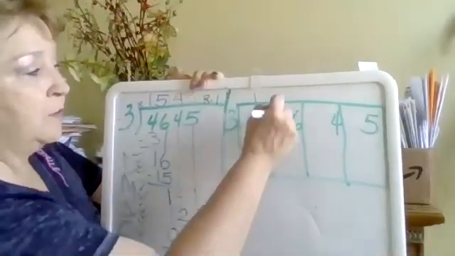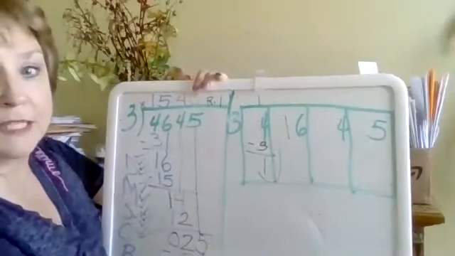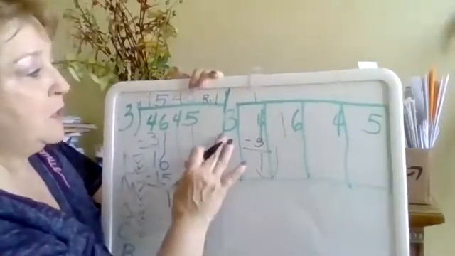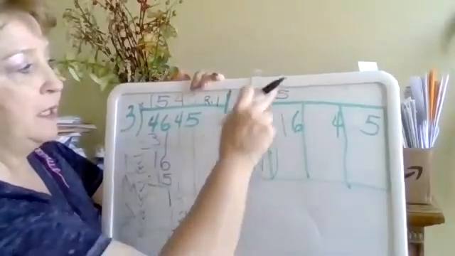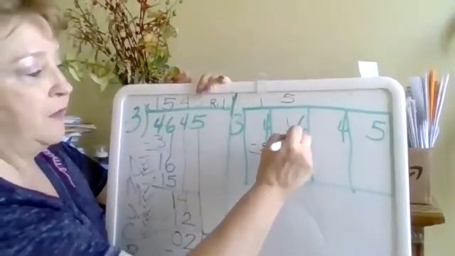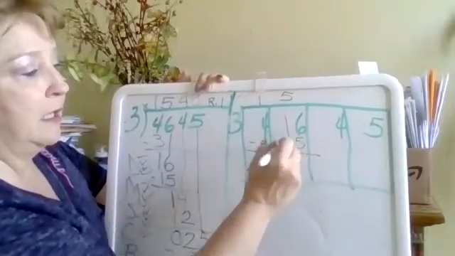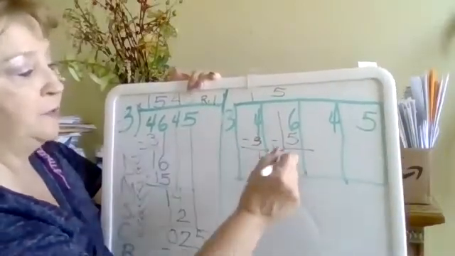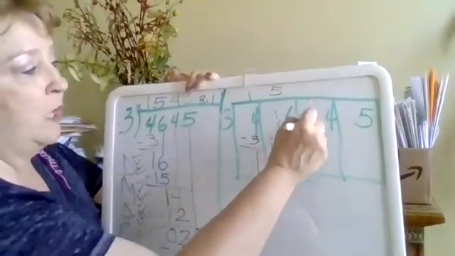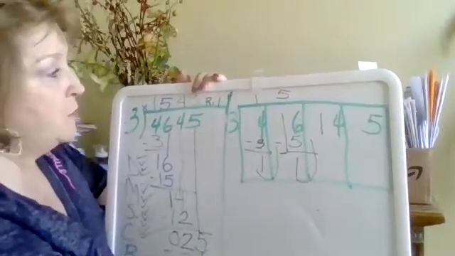I bring it over. So now I have 16. 3 can go into 16 5 times. 3 times 5 is 15, and I have a 1. This 1 is less than 3, so I can bring this 1 up here, and now I have a 14.